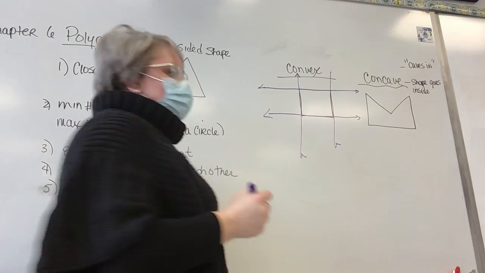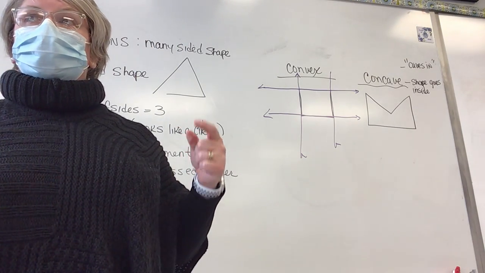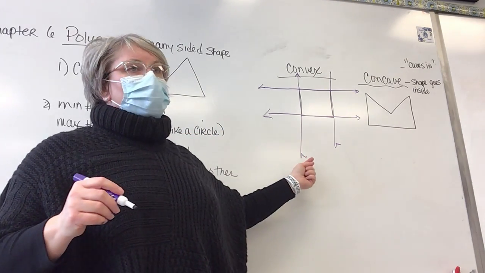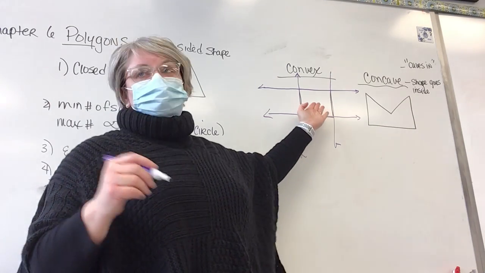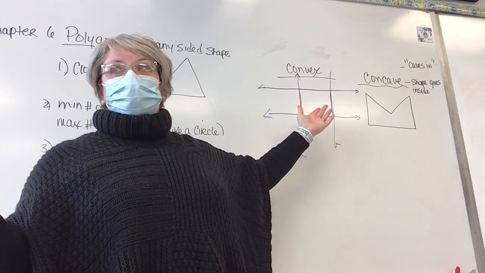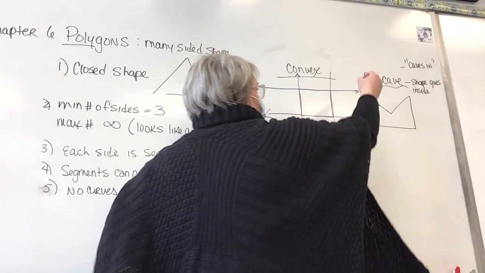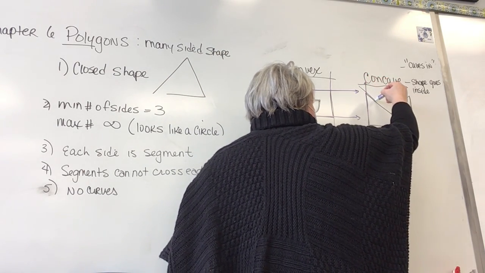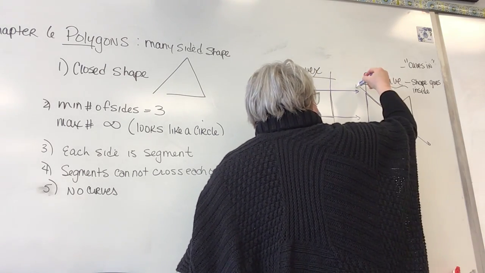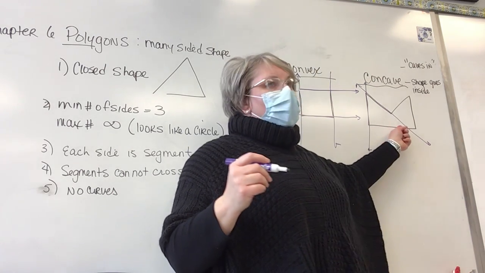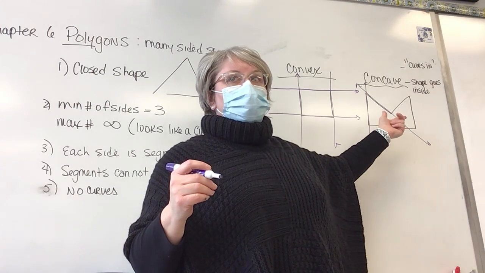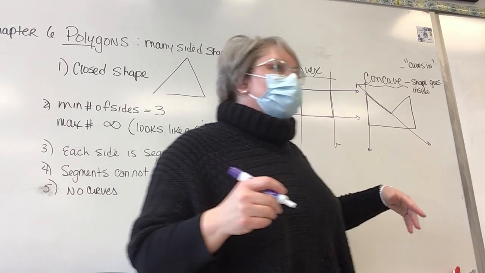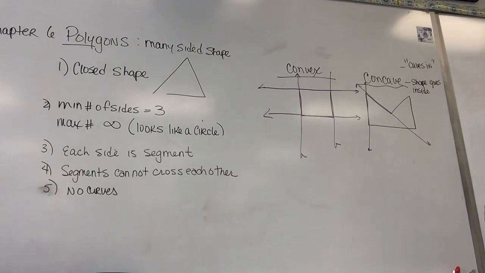If each side segment is extended into a line, do any of the lines go into the interior of the shape? And this is definitely no. But for the concave one, if I just do even the second side right here and extend it into a line, the line goes into the interior of the shape, and so that's the formal definition of concave.